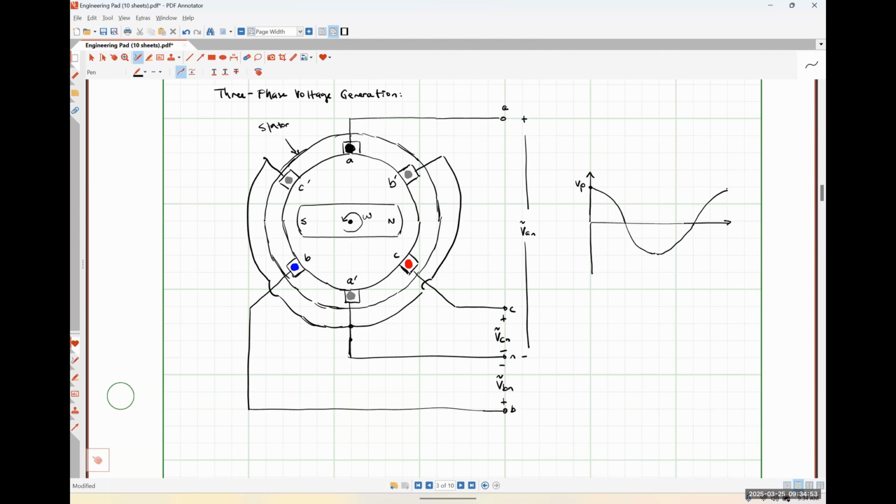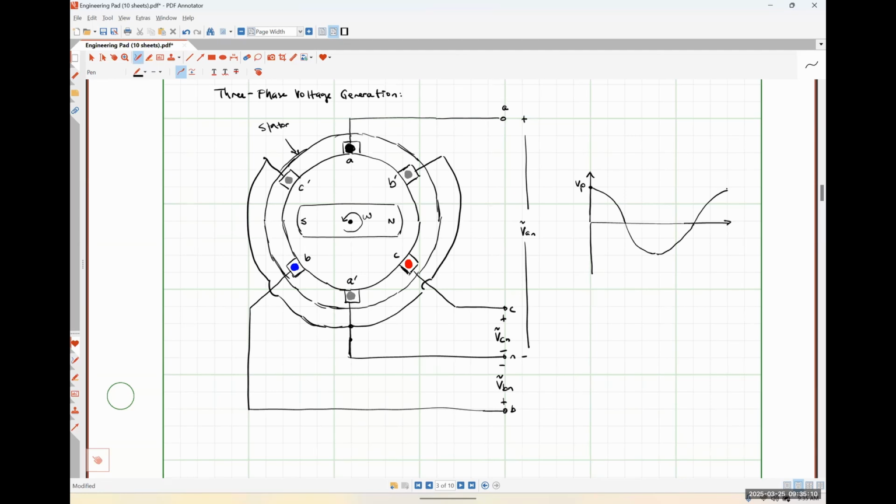For my B phase, because my A phase is vertically oriented right now, right? My B phase is physically 120 degrees out of phase.